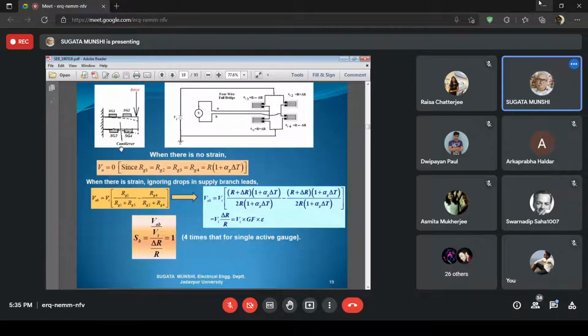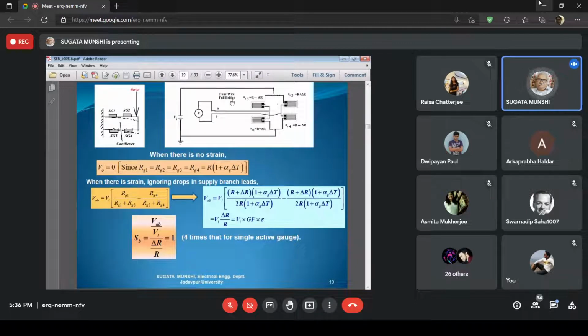That means the Wheatstone bridge can be configured locally. You need not take a connecting cable for connecting these gauges to constitute a Wheatstone bridge. The Wheatstone bridge is formed locally at site.